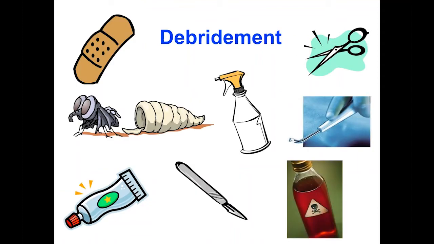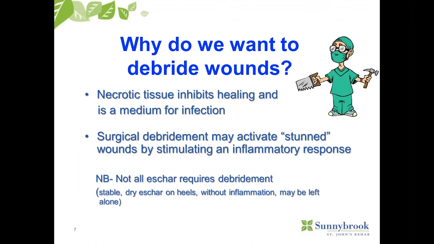So there are many different kinds of debridement, and I'm just going to touch on a couple that influences us here. So why do we want to debride wounds? Well, necrotic tissue inhibits healing. When a wound fills in, the epithelium at the edge of the wound moves proximally to cover.